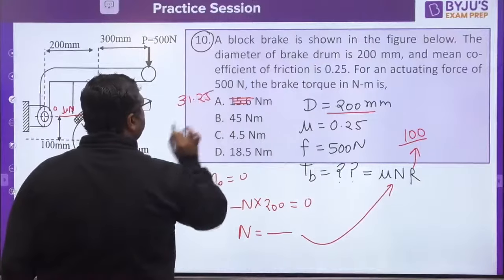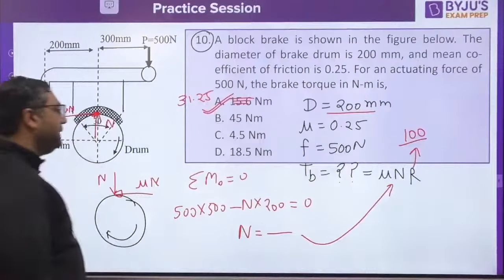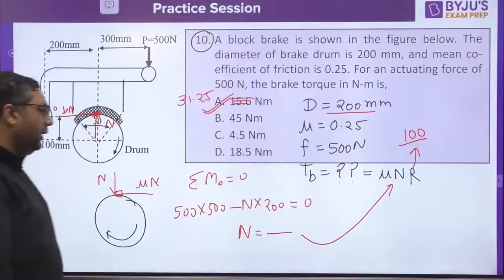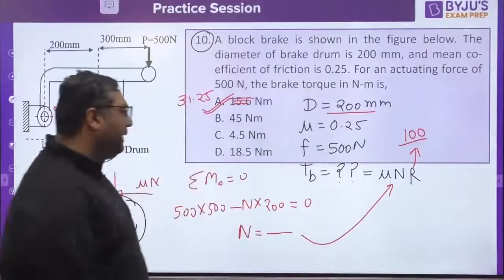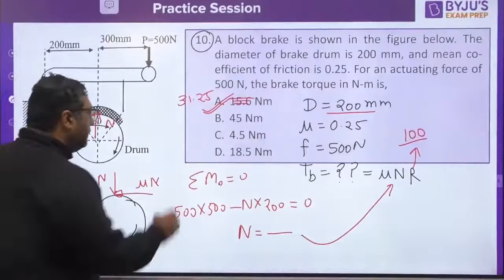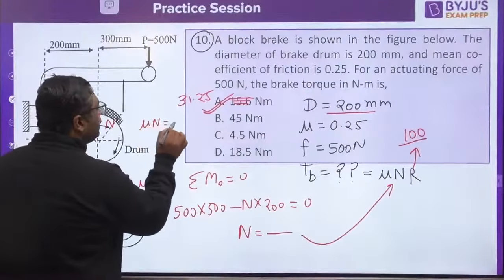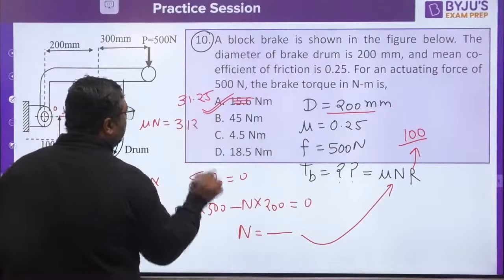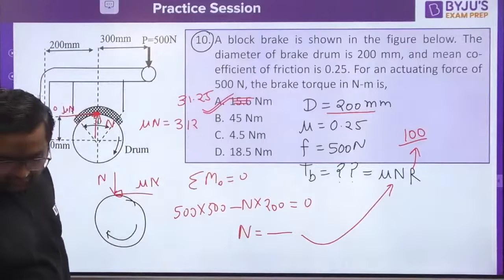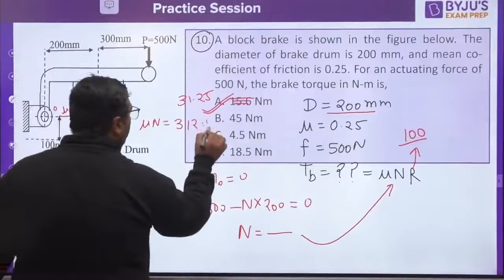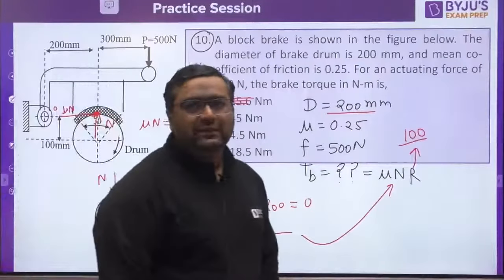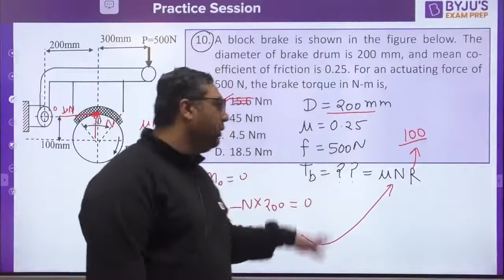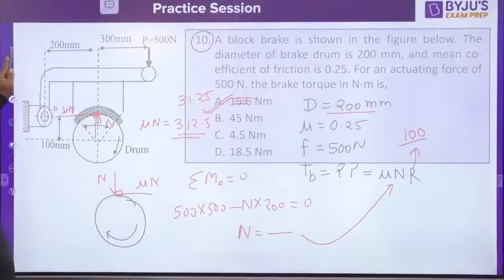Actually, when you have this value of force, you would be getting mu into N as 312.5. Yes, obviously you are correct. So answer would be 31.25. Yes. You are correct, guys. Sorry for the inconvenience caused.